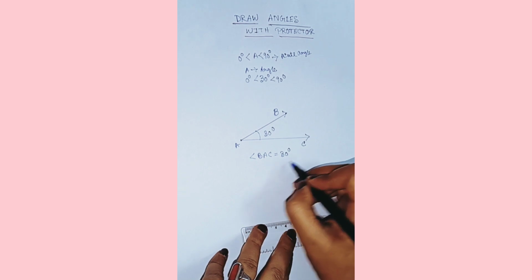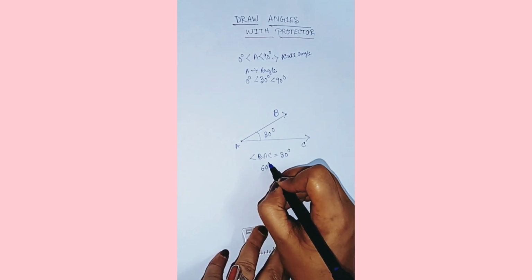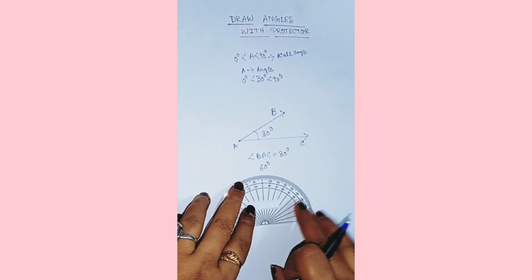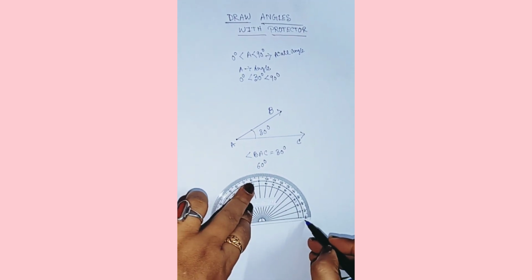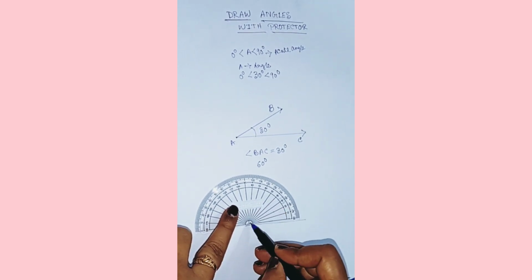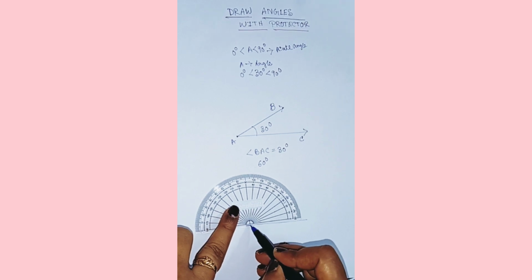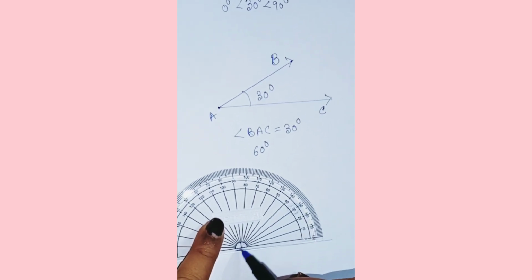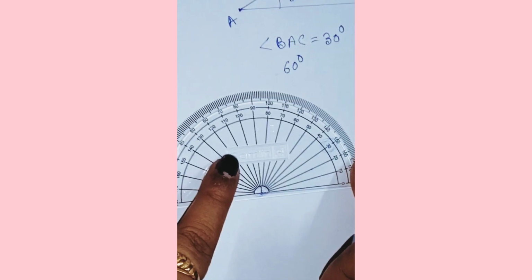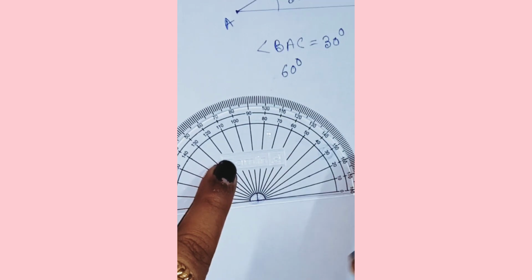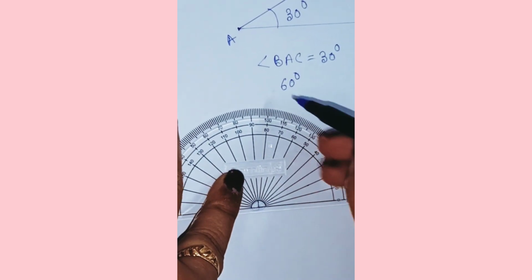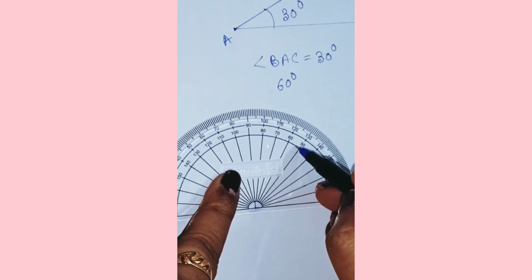Just like this, you have to draw 60 degree. First you draw the line, then place the protractor and match this portion with the line, and match the black line with the marked line. For 60 degree, observe the inner scale.